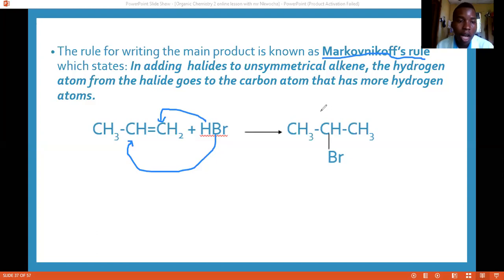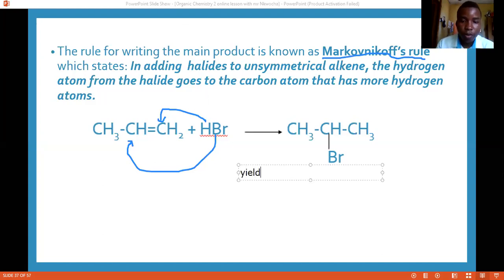So I ask the question: does it mean it's not possible for the hydrogen to go to the second carbon? It's not impossible, my brothers and sisters. In chemistry, we don't say there is anything called impossible. We talk about the chances of it occurring, the yield. There's a word I'm going to introduce you to: yield. Let me type it.